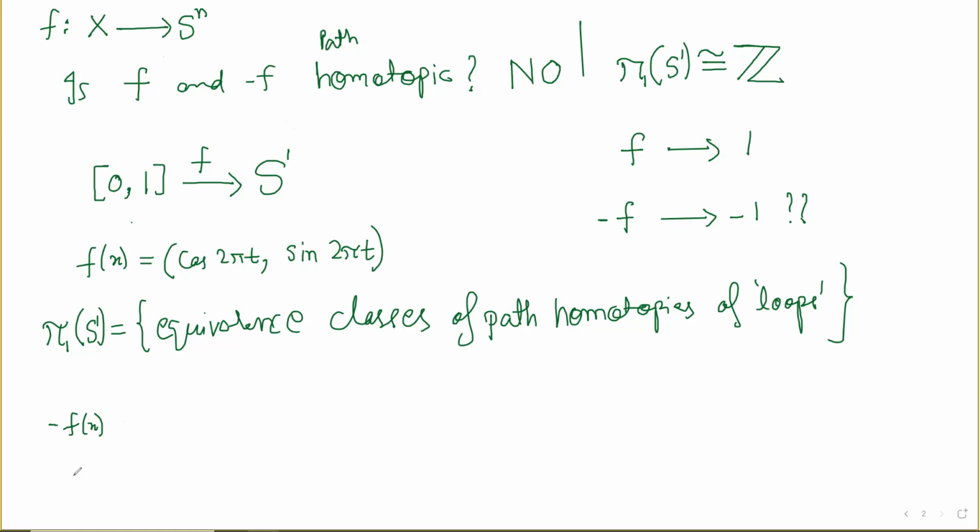Because minus f of 0 is minus 1 comma 0, and that is 1 comma 0. So I took the wrong question. Path homotopy is not the correct condition. So then basically we should just ask if they are homotopic or not. So the question still is the same.